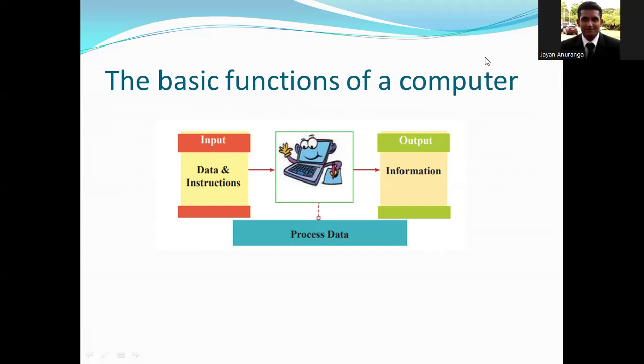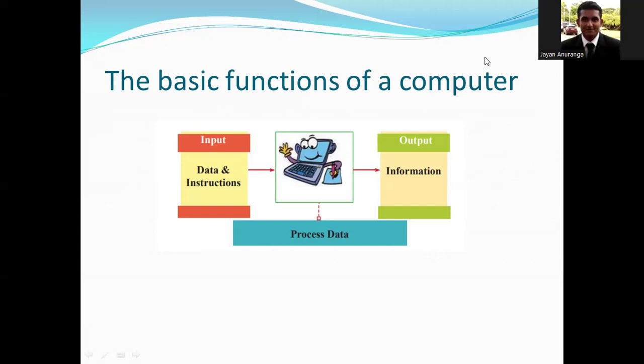In that device, we can identify three basic functions: input, process, and output.